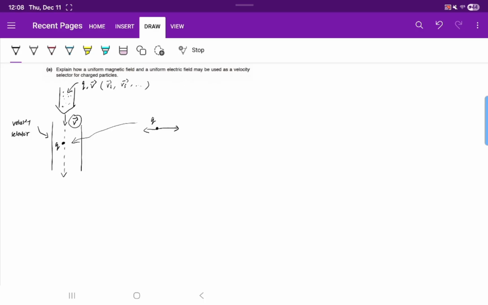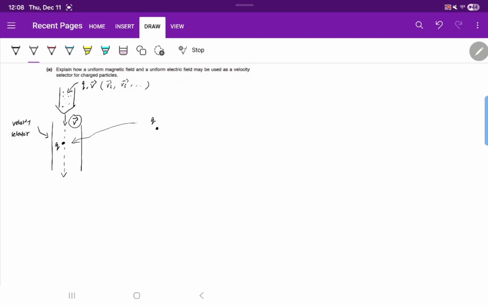Likewise, if the particle is pulled to the left, the left force is larger than the right force. So how do we orient the electric field and the magnetic field to achieve two forces, one to the left and one to the right?